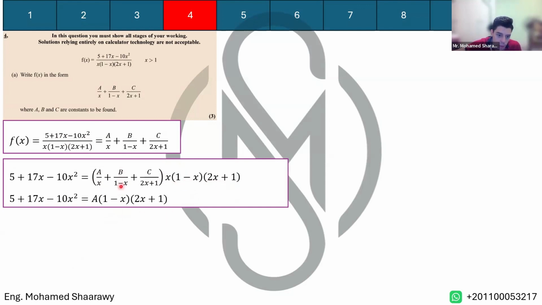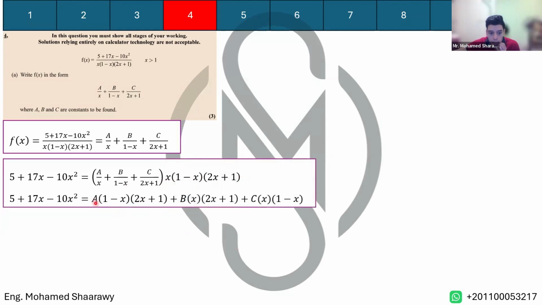Same thing with b. When I multiply b with those, the 1 minus x will cancel 1 minus x, and I'll be left with these two. And in c, 2x plus 1 will cancel 2x plus 1, and I will be left with x and 1 minus x.